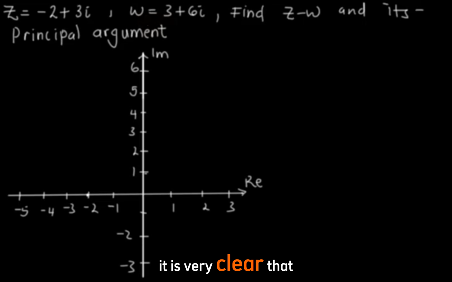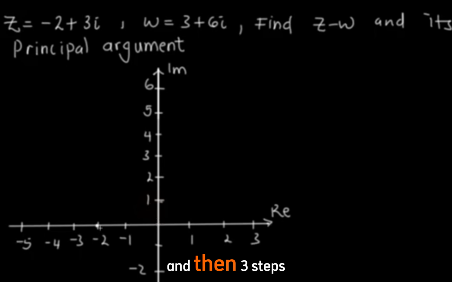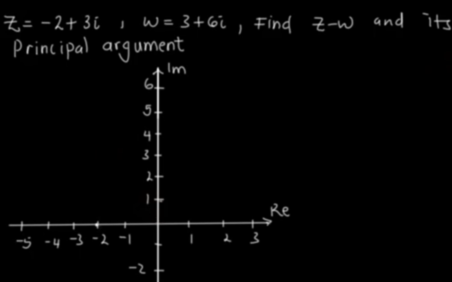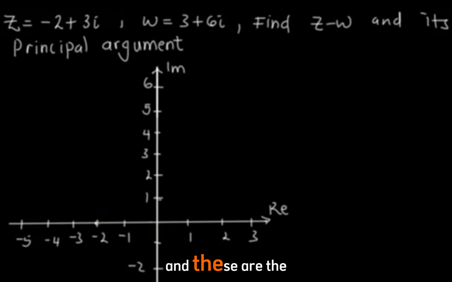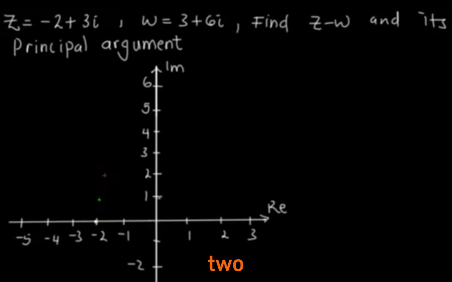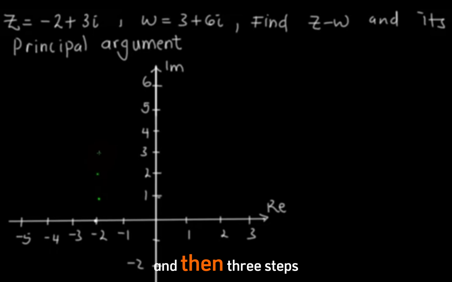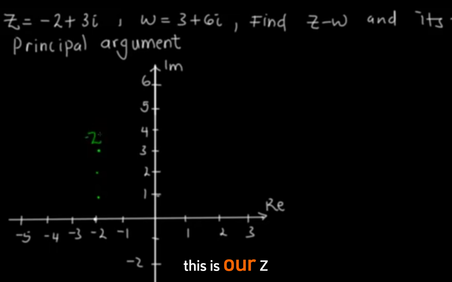It is very clear that z is equal to negative 2 plus 3i, implying that from the origin we are going to move 2 steps backwards and then 3 steps upwards. So this is the origin and these are the 2 units, then 1, 2, and then 3 steps. Okay, this is our z.